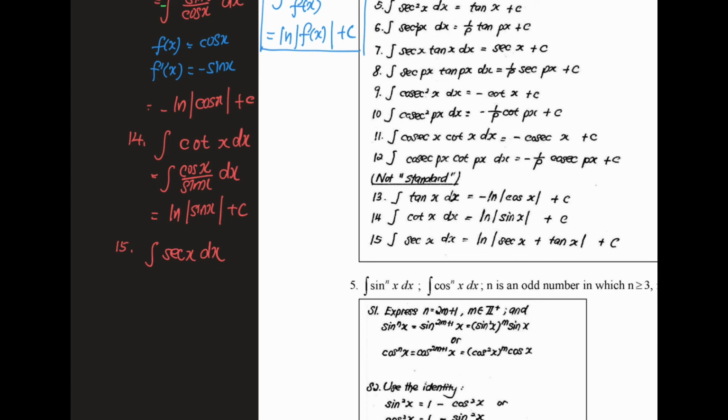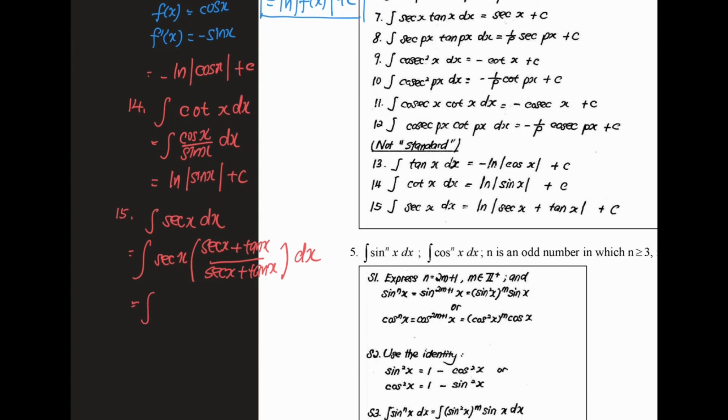Okay, so this is a special case. We need to purposely multiply with secant x plus tangent x over secant x plus tangent x. By multiplying with this, what happens is we will get f prime of x over fx. So as you can see here, I multiply secant x to the numerator, and the denominator I purposely exchange the position, tangent x plus secant x.